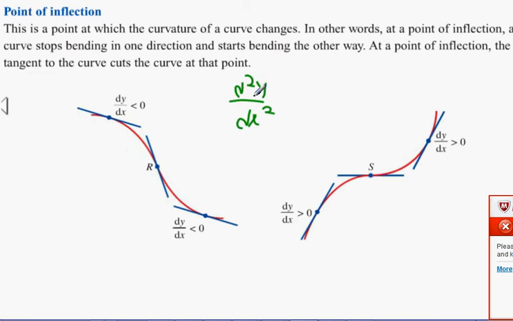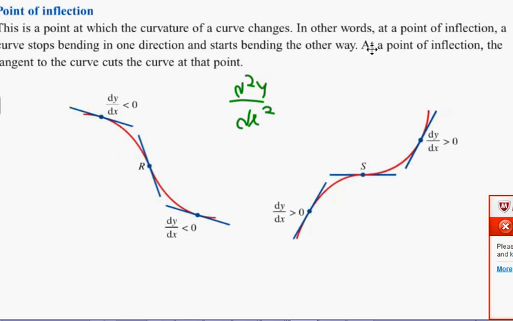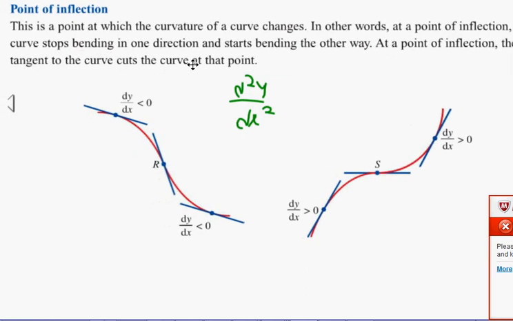Now look at this function. It's decreasing at the start. A point of inflection is a point at which the curvature of the curve changes. In other words, the curve stops bending in one direction and starts bending in the other direction.